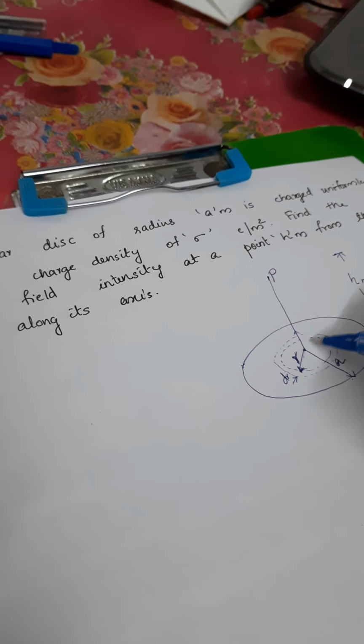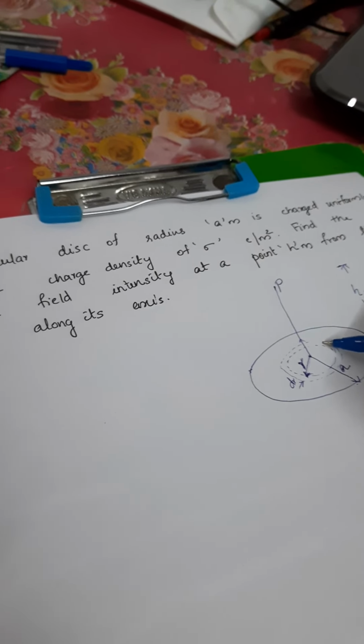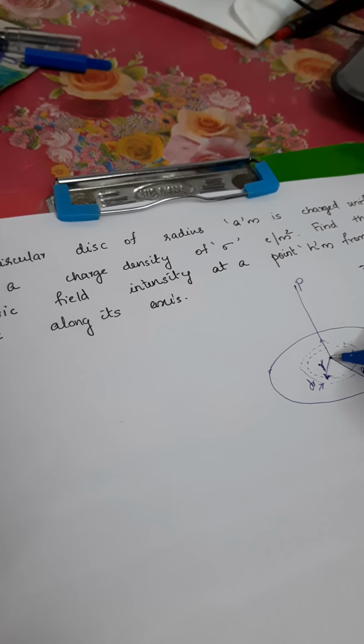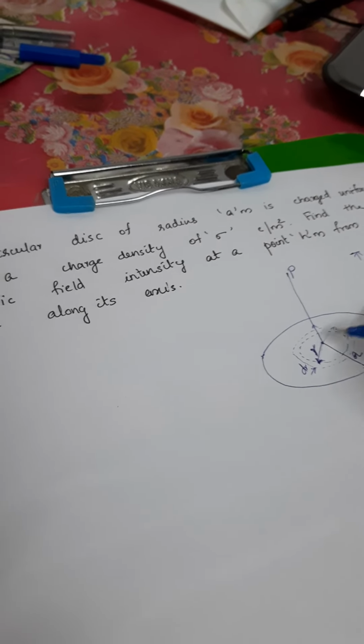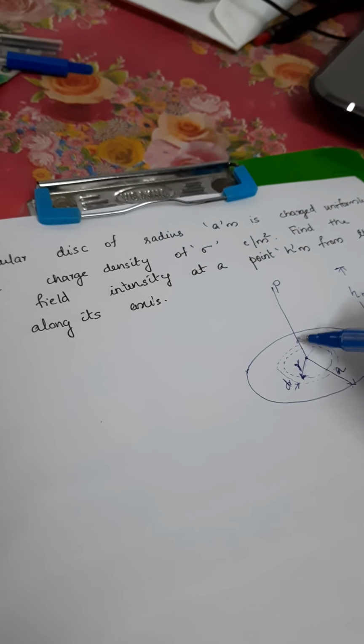Similarly, if we consider the other side, the electric field intensity will have the horizontal component in this direction, and its vertical component in this direction.